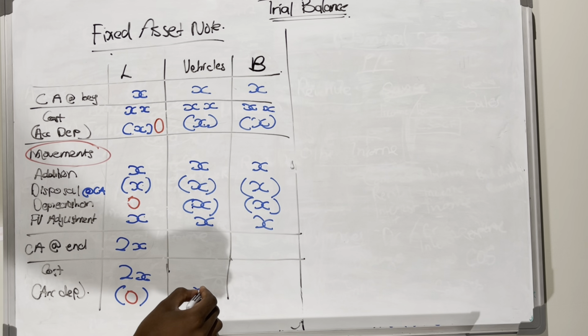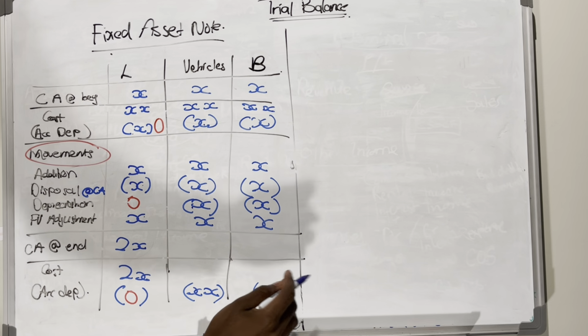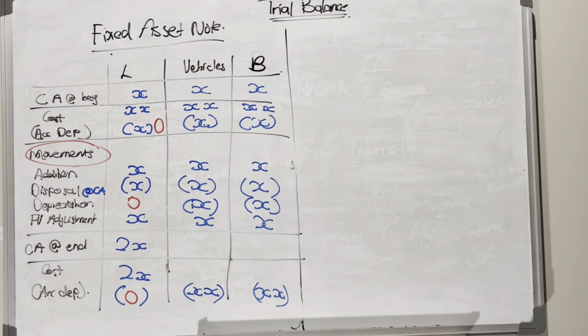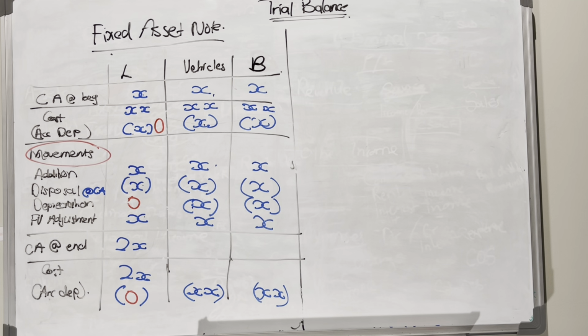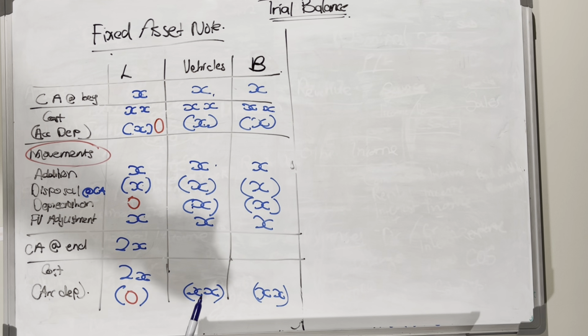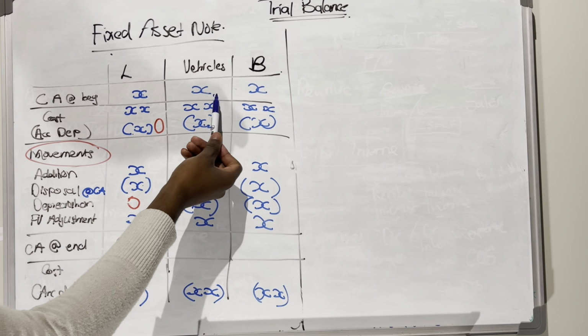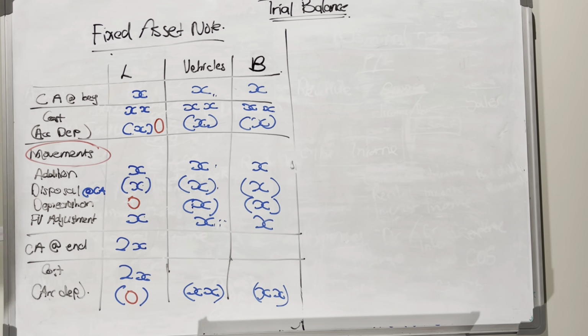So we will have xx, or 2x per se. Our cost is now made up of the carrying amount plus my additions, less, okay, we shouldn't subtract this depreciation, so it's this plus my addition less my disposals and my fair value adjustments.